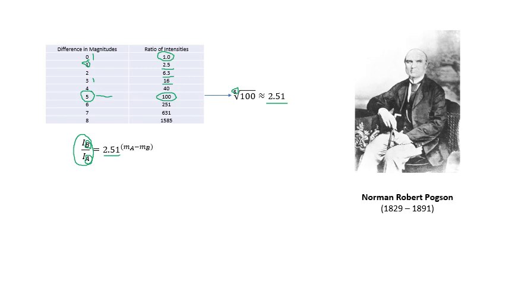And that ratio of intensities is equal to 2.51, Pogson's ratio, to the power of the difference in the magnitudes. And you can see here that we've got the dimmer object first subtracted from the magnitude of the brighter object. It's done that way around because the magnitude scale is backwards, and we want this subtraction to give us a positive number.